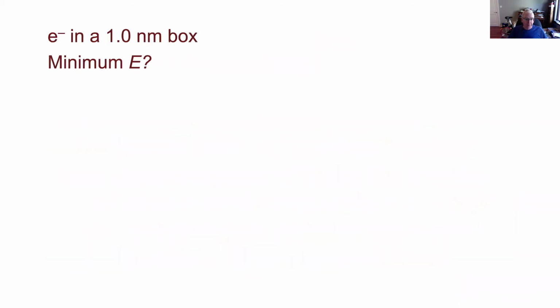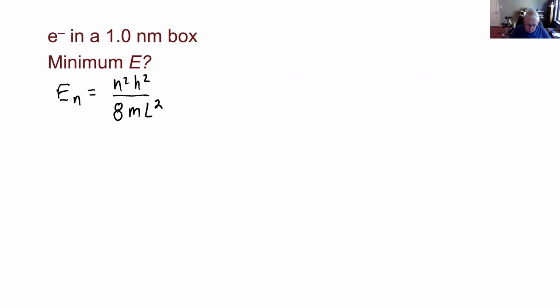All right, the first part is the easiest. So let's just find this energy for the n equals 1 state. I know my expression says E_n is equal to n squared h squared over 8 m l squared.